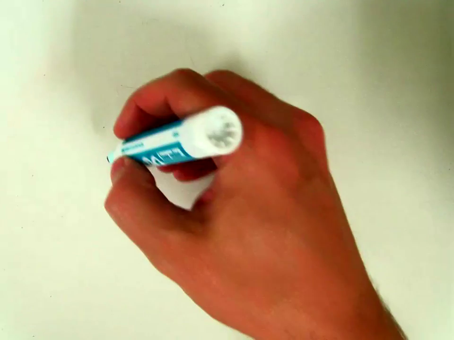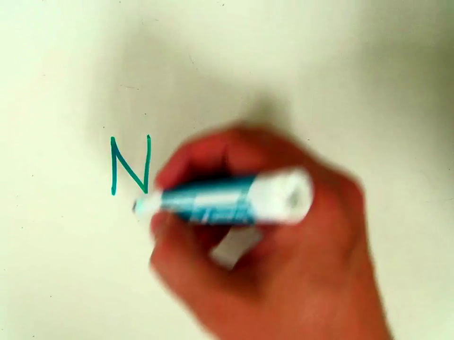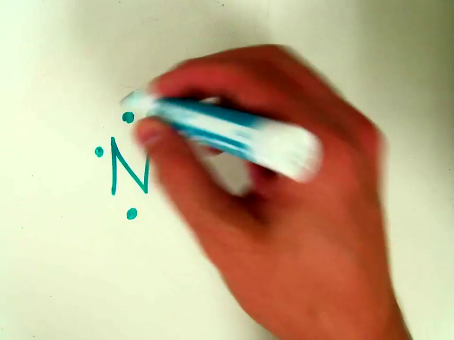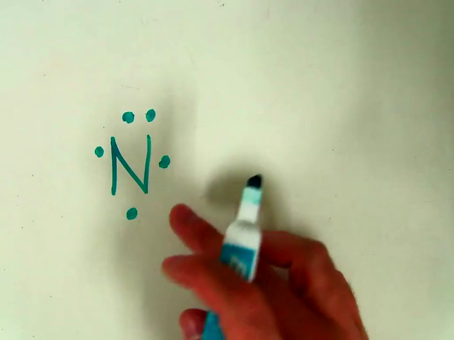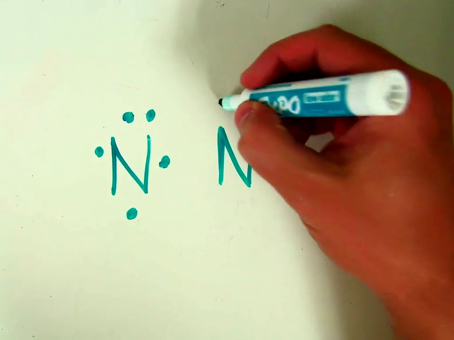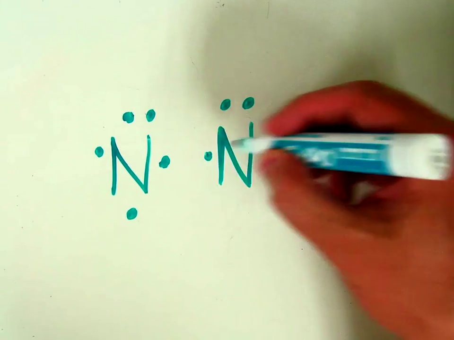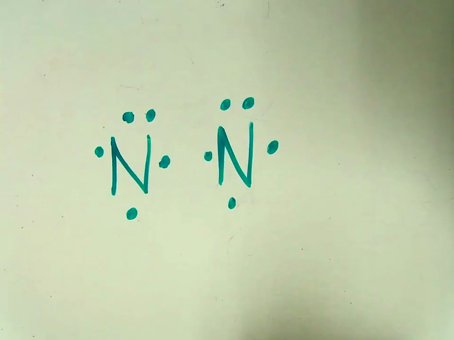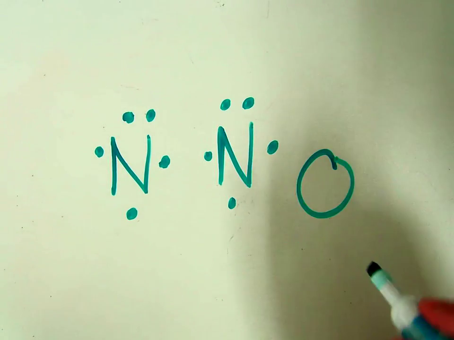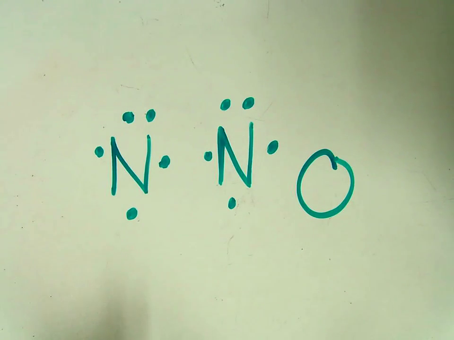So let's see, dinitrogen trioxide. So my nitrogens are going to want to bond with 3 partners. Then I'm going to have oxygen. Each oxygen is going to want to bond.